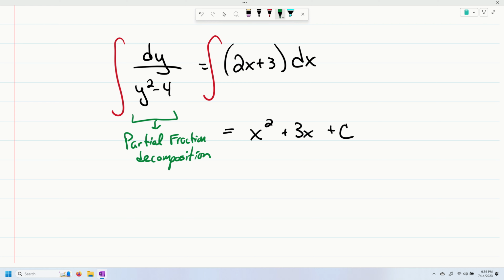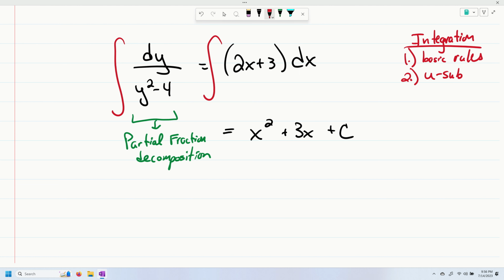Remember, I think it's a good idea to start thinking this way. And what I mean by that, and this is not me on my soapbox saying, think like me, this is just me trying to give some guidance. When you are thinking about integration, the first thing you should try to do is use those basic rules, like the power rule and stuff like that. The second thing you should be thinking of is use substitution.